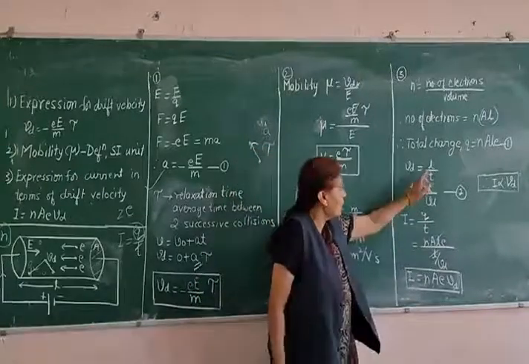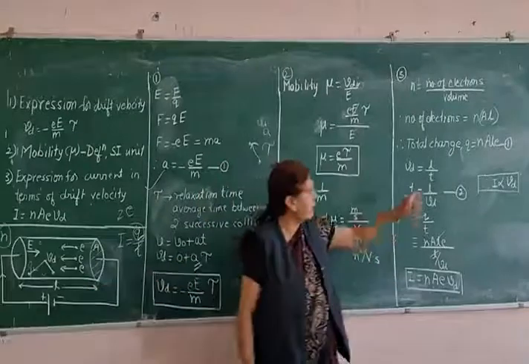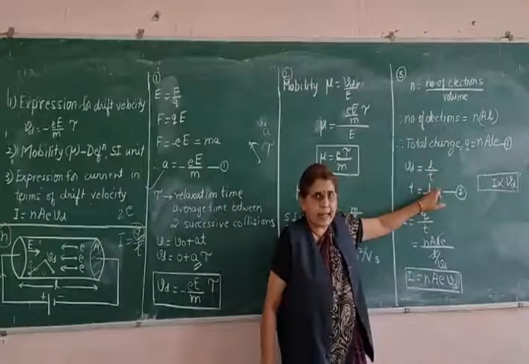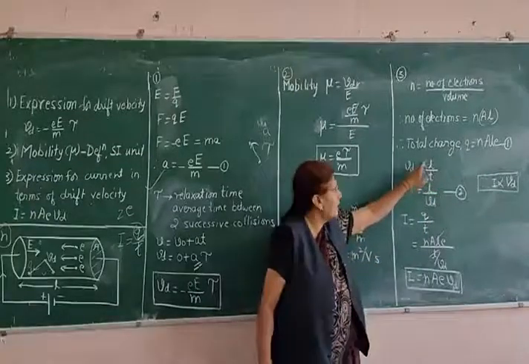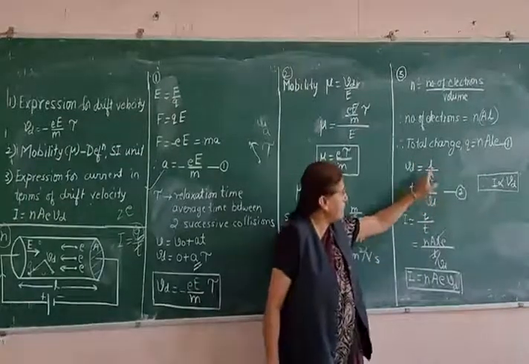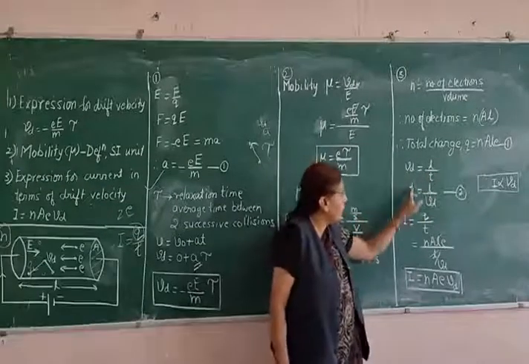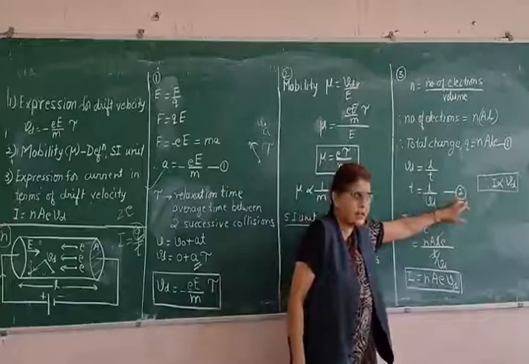To cross the length L of the conductor, suppose the electrons take a time t. Therefore, you can write velocity as distance upon time, that is L upon t. Take t on one side, you will have t = L/vd. Let me call this equation 2.